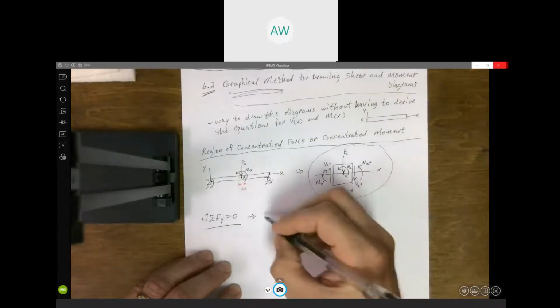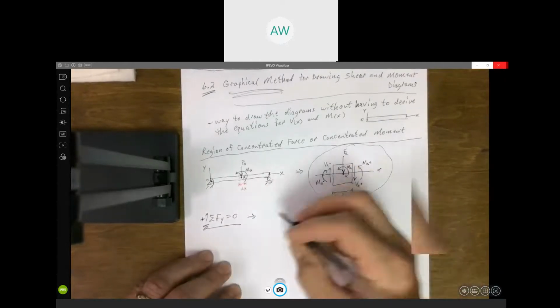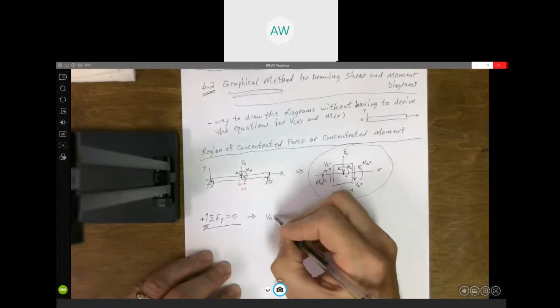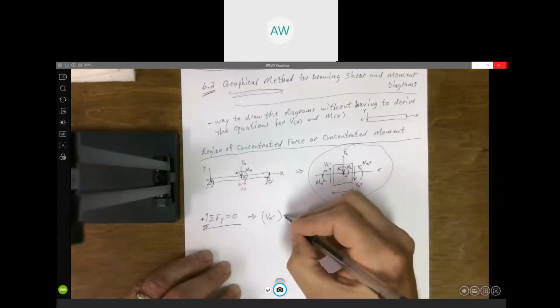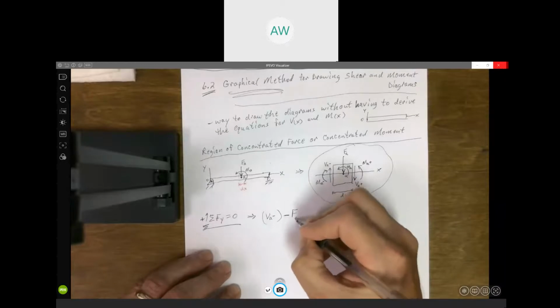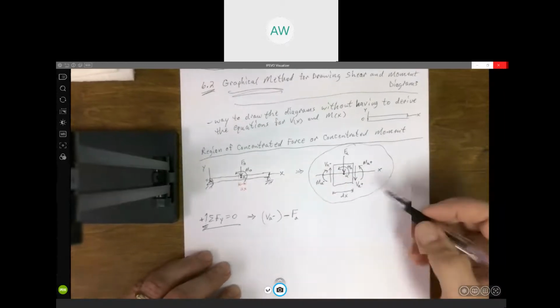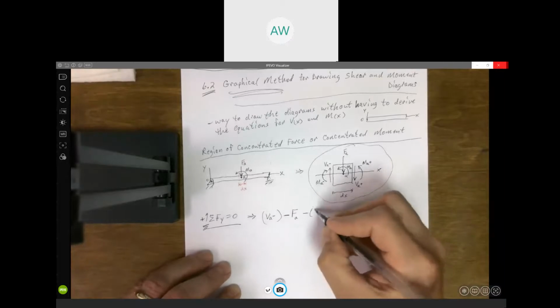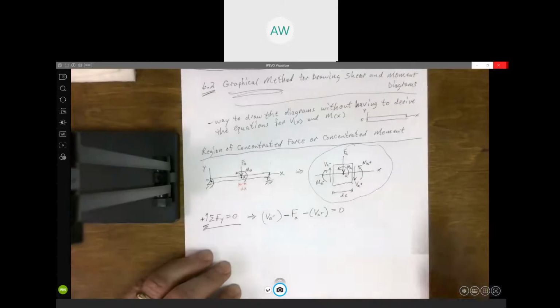So I've got VA minus, and I'm taking positive as up. I assumed this was going up, so that's a positive. But we've got FA, our applied force, going down, so minus FA. And then VA plus over here, I assumed it was going down, so that's minus VA plus. It's got to add up to 0.